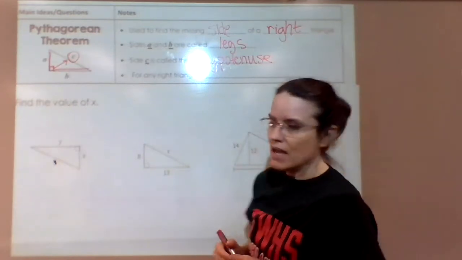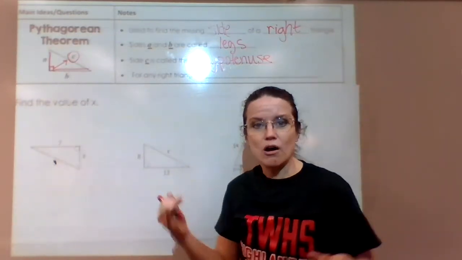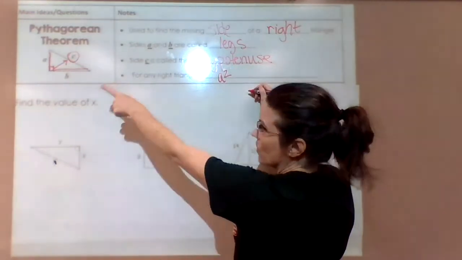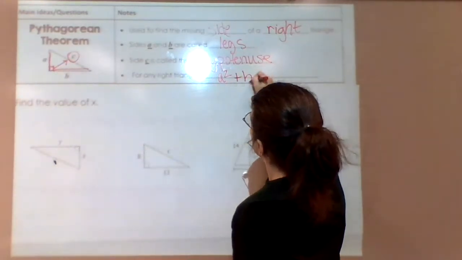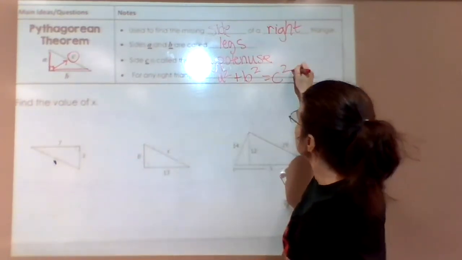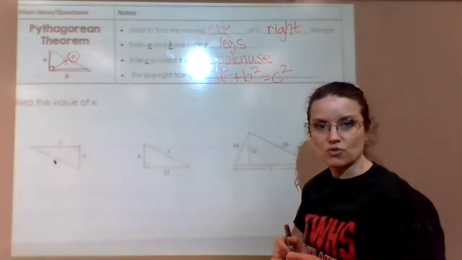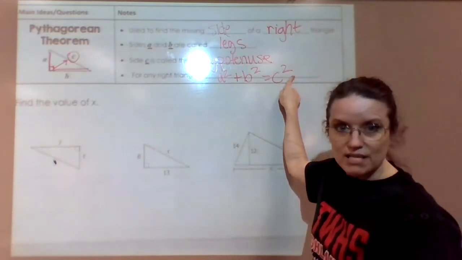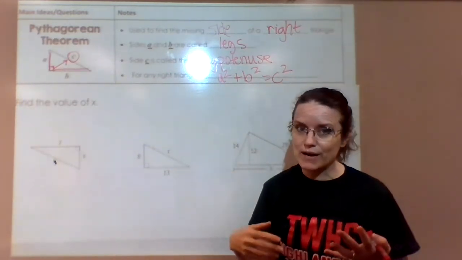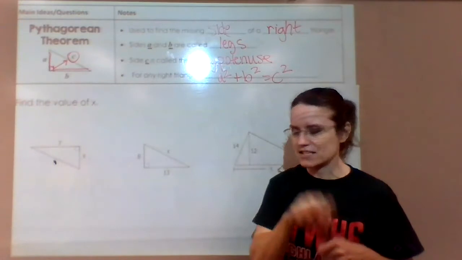There it is. And so for any right triangle, our Pythagorean theorem is a squared, one of those sides squared, plus b squared, the other guy squared, will give me c squared. That's the hypotenuse squared. Notice that the hypotenuse here is squared. And so sometimes we're going to have to unsquare it, and that's where those radicals come in.